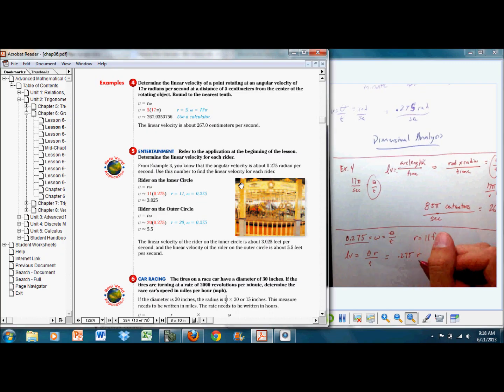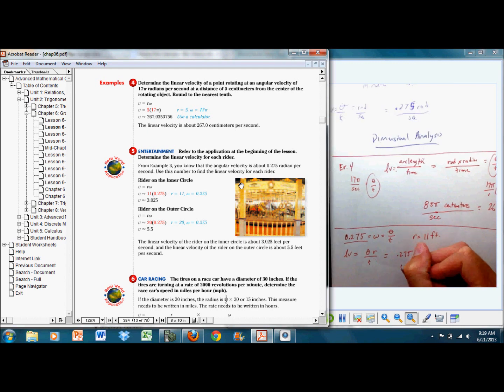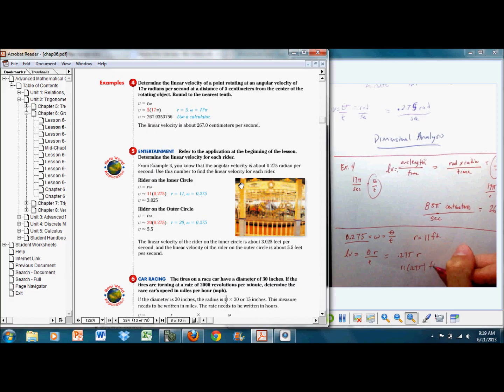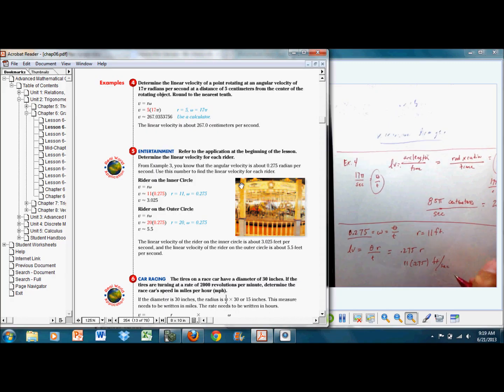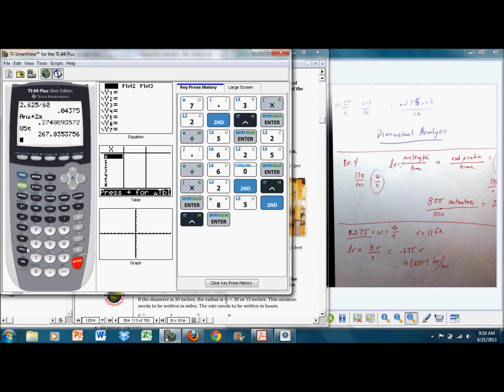So we multiply 0.275 times the radius, which is 11. And the units are in feet per second. Okay, so let's do that real quick. 11 times 0.275.